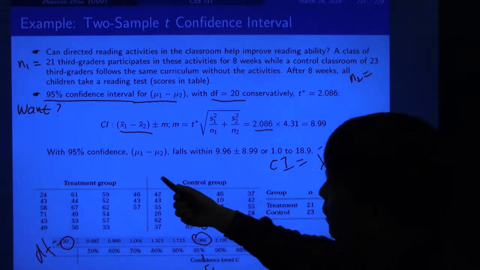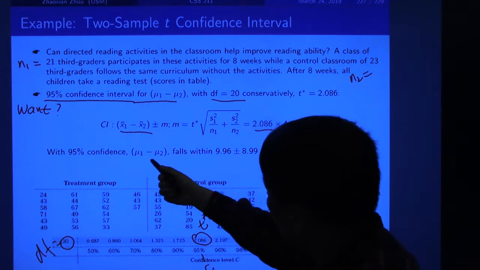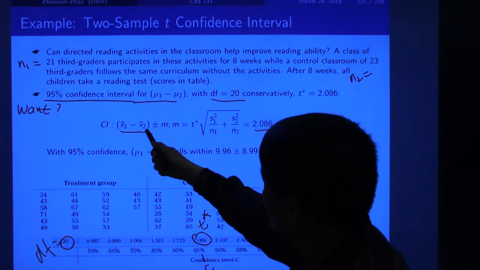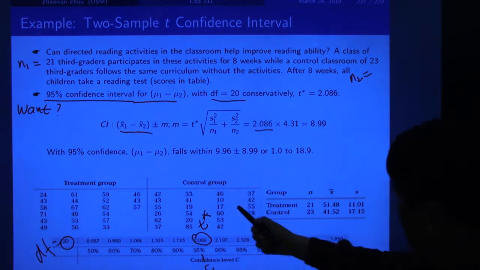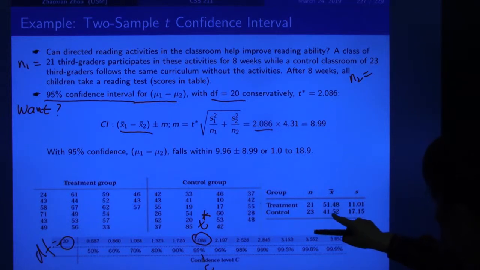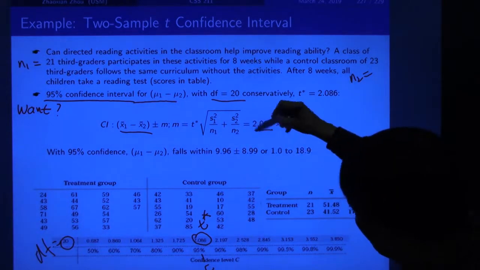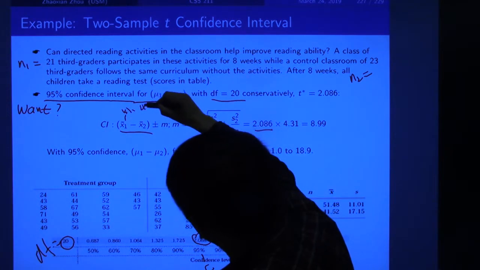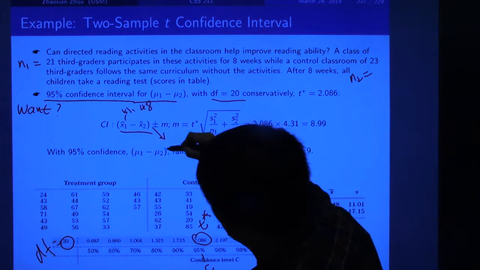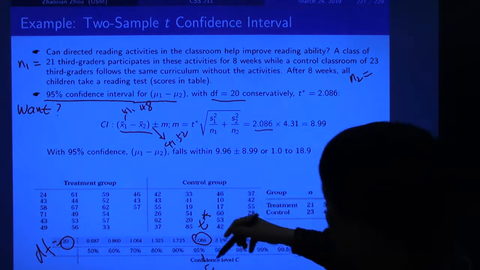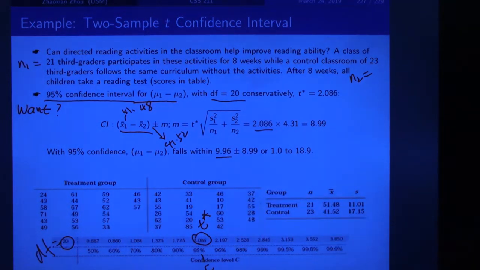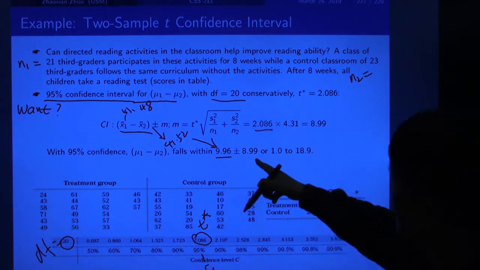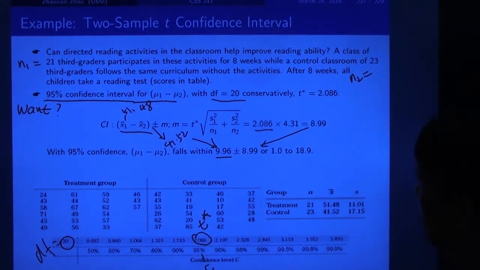So the confidence interval for mu1 minus mu2 will be between x1 bar minus x2 bar, 51.48 minus 41.52, which gives us 9.96, plus or minus 8.99.